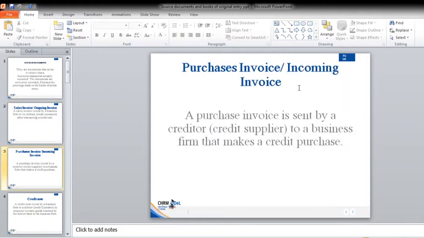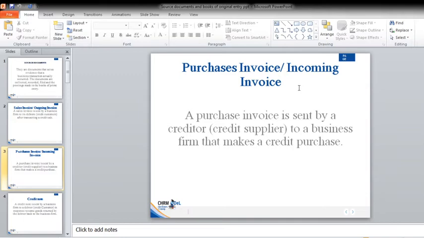Similar to the sales invoice is what we call the purchases invoice. Purchases invoice is also known as the incoming invoice. As I said, an invoice is prepared by the seller. In this case, the business is purchasing the goods, therefore it is receiving that invoice from the person from whom those goods were bought.